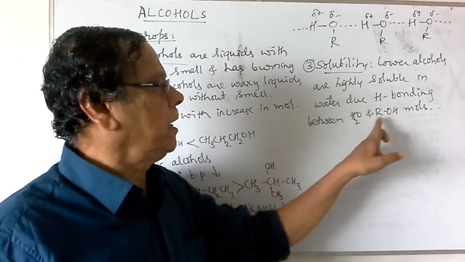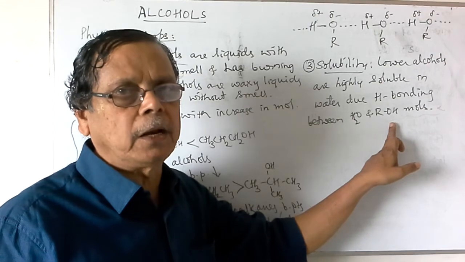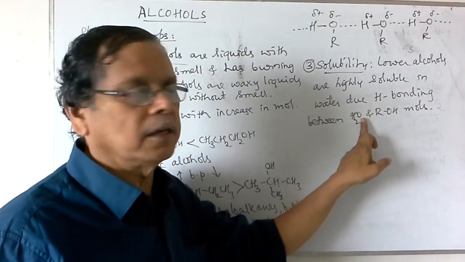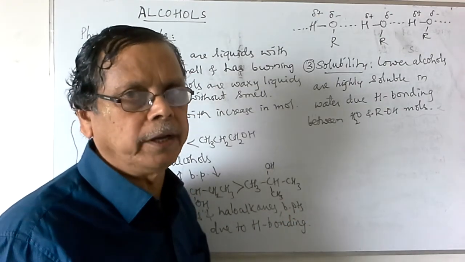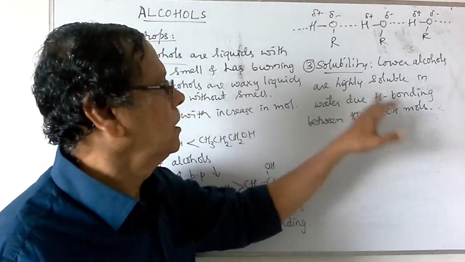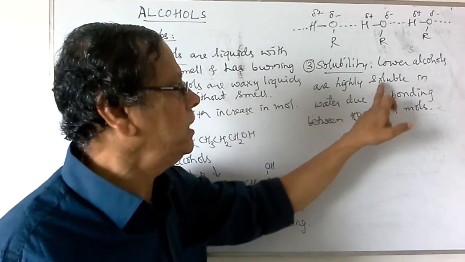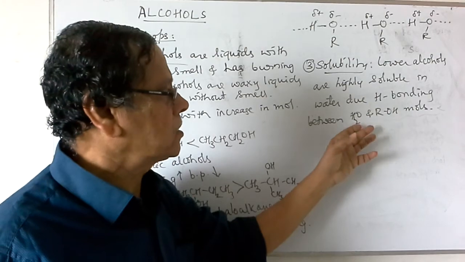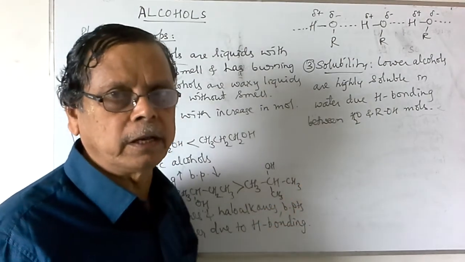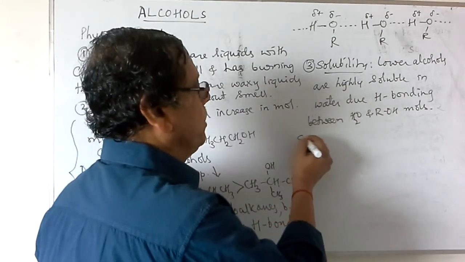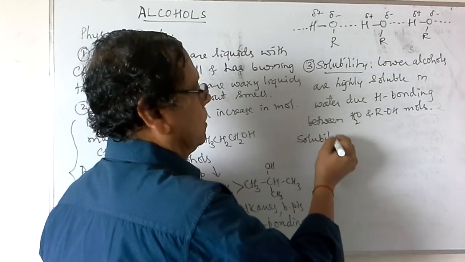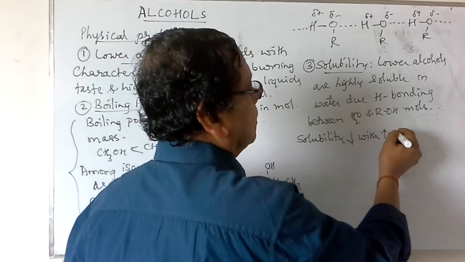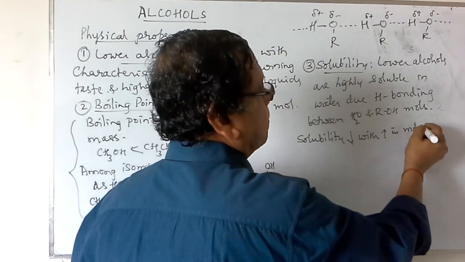Hydrogen of water and the oxygen atom of the alcohol link by hydrogen bonding. Similarly, hydrogen of the alcohol and oxygen of the water molecule link by hydrogen bonding. Because of these hydrogen bonds, the lower alcohols are highly soluble in water. Solubility decreases with increase in molecular mass.